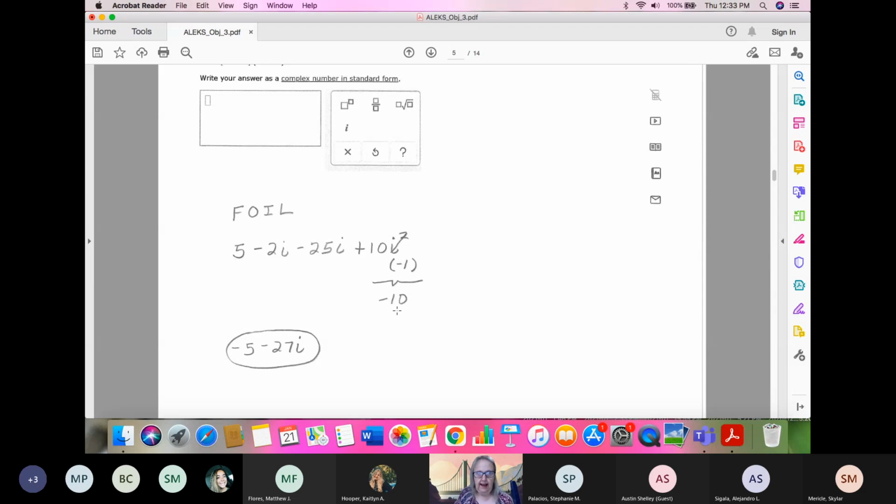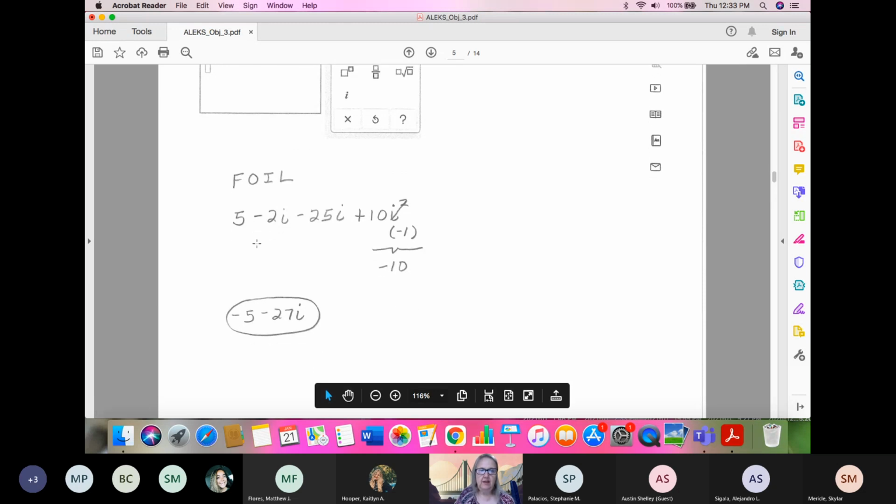So let's work with our constants first. So we have 5 plus a -10. That's -5. These are like terms because they have the same imaginary unit in them. We consider them to be like terms.